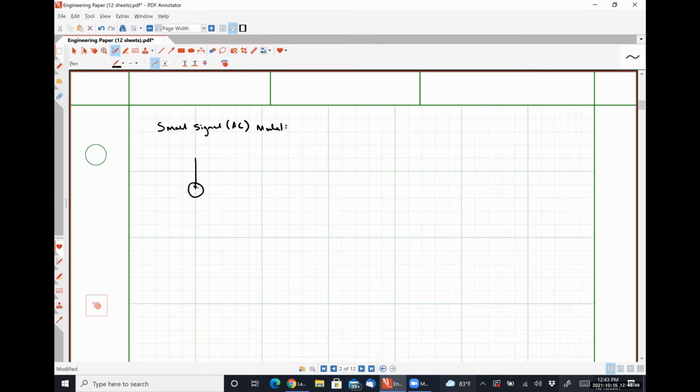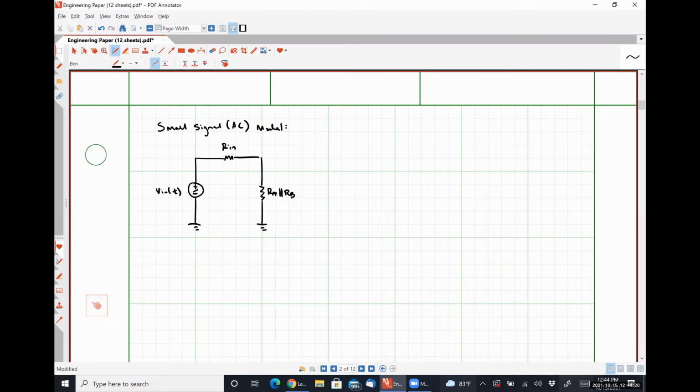Our input voltage signal Vn of t is now turned on. We have our input resistance here, Rin, and we have some resistance right here that is going to be Ra in parallel with Rb, since VDD now looks like a small signal ground.